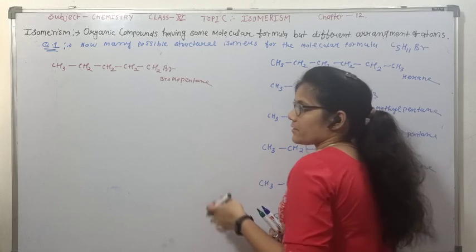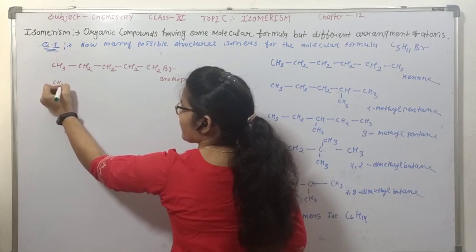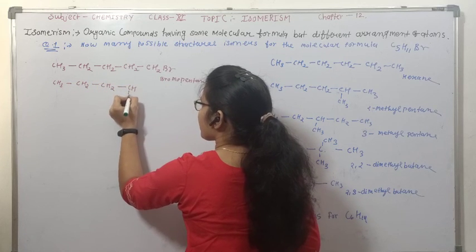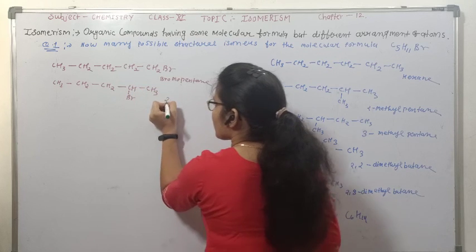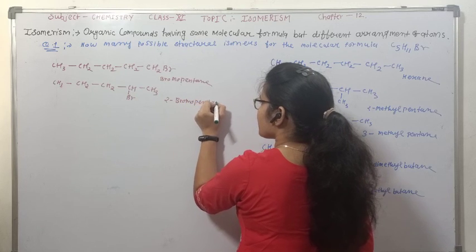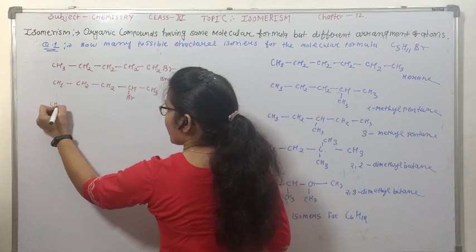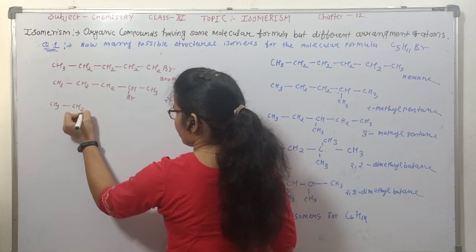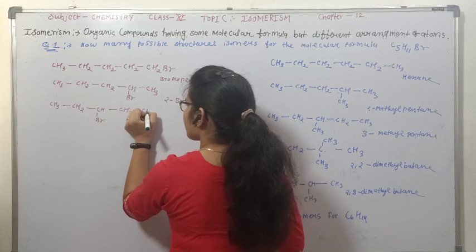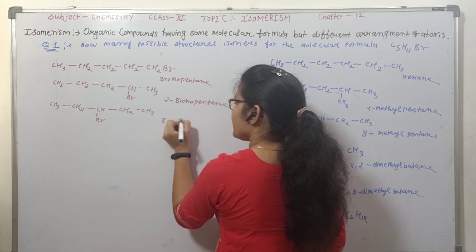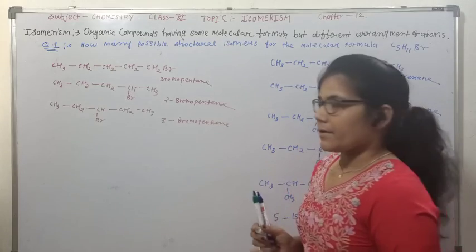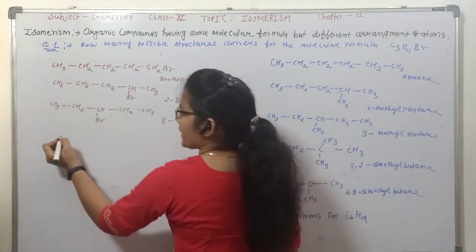So first make position isomers. 2-bromopentane. Okay. Next, 3-bromopentane. It's not possible to go further, we'll get 2-bromopentane again.